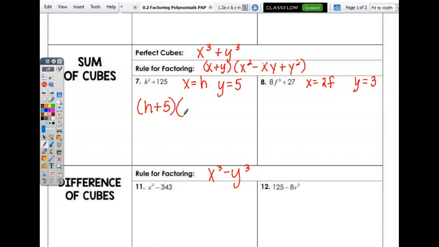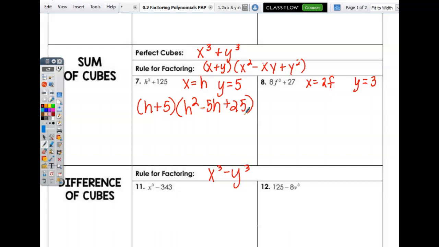Next it says square your x. Well, my x is h this time, so I'm going to square the h squared. Then I'm going to put a minus sign, and it says take x times y. Well, my x times y is h times 5. Can I write it 5 times h? So I'm going to do 5h. And then plus y squared, my y is 5, so plus 25. Bam. Answer. Done.